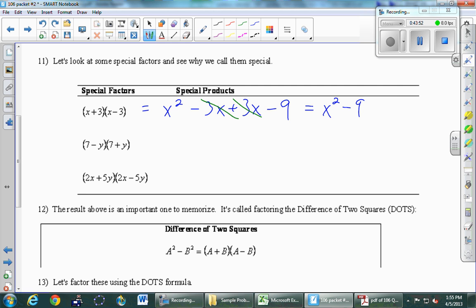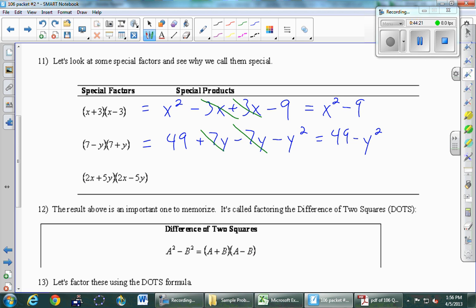Go ahead and FOIL the one with the 7s. What happens here? Same thing. Plus 7y minus 7y cancel, right?